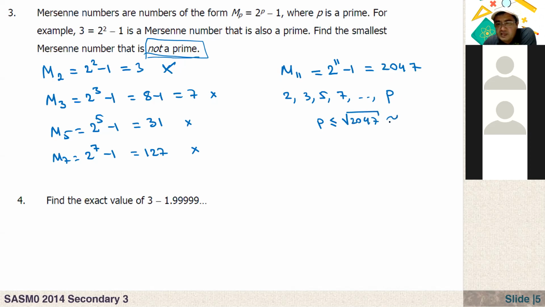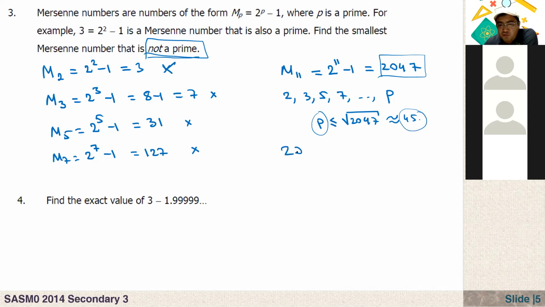That's approximately 45. So we have to check by dividing by the prime numbers until 45. If 2047 is not divisible by any of them, then it is a prime number. The proof we can discuss later if we have more time, but that is how we check if it's a prime number or not.